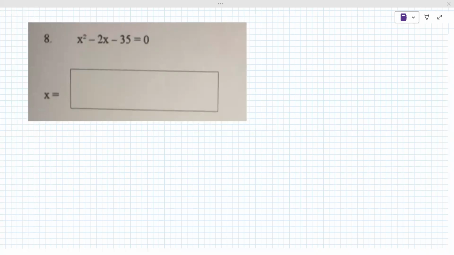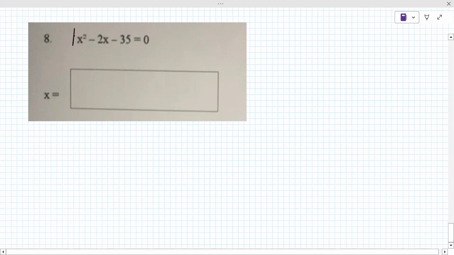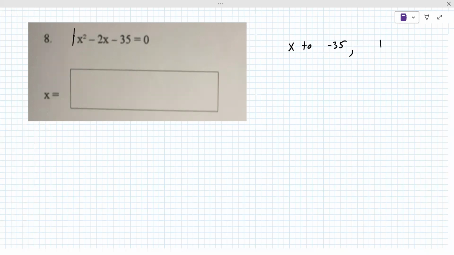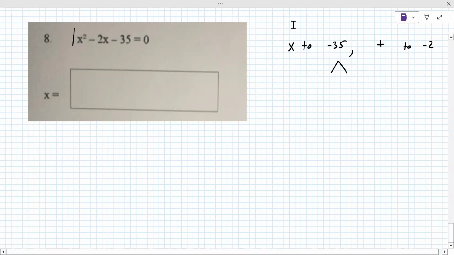This one is what I call a equals 1, where you're looking for two numbers that multiply to -35 but add to -2. One's positive, one's negative, and they're 2 apart. So go ahead and see if you can figure that out, please.